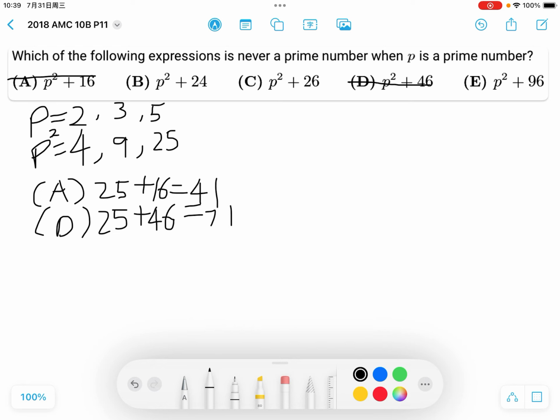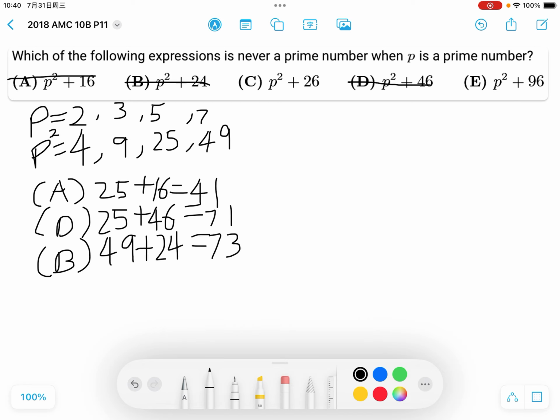So we can try the next prime number, which is 7. So we have 7 squared, which is 49. So we have 49 plus 24. We don't have to try A because it's already eliminated. So 49 plus 24 gives us 73, so we can eliminate B. So 49 plus 24 is equal to 73.